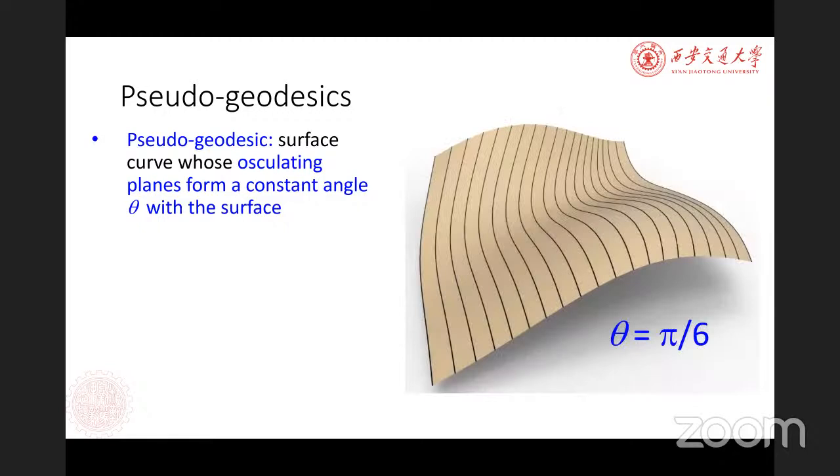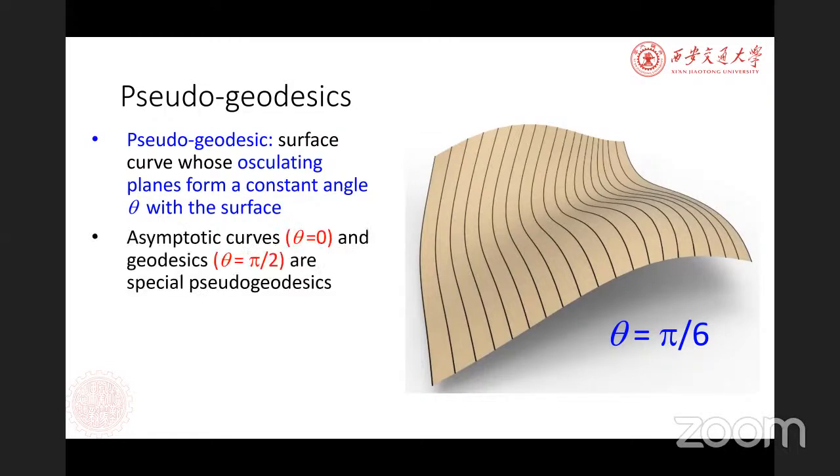This is an example of pseudogeodesic with constant angle theta equals pi over 6. There are two special cases. One is that when theta equals 0, then the pseudogeodesic curve is an asymptotic curve. But when theta equals pi over 2, then the pseudogeodesic curve is a geodesic. Usually a pseudogeodesic has a constant angle in between.